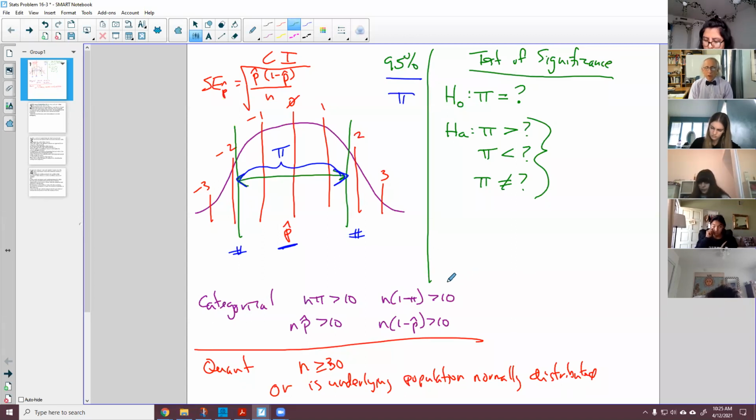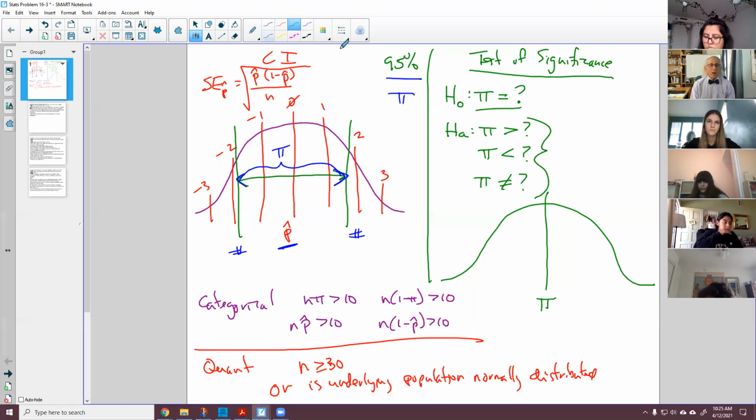When I make my diagram, again, I have to make sure I pass the conditions so that I can use the central limit theorem. If I can, I know that the shape is unimodal and symmetric, and that the center is going to be pi, my hypothesis. Then I'm going to have my actual p hat.